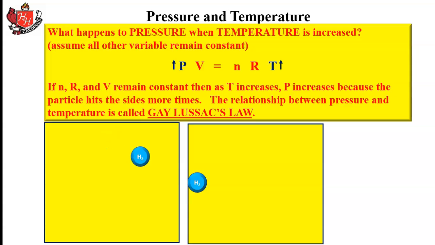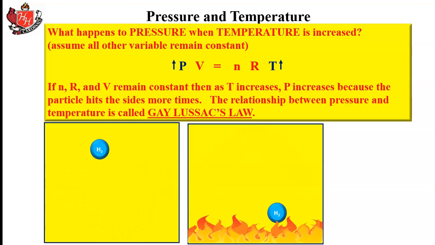So if N, R, and V remain constant, then as T increases, that is, you put fire underneath that container, all of a sudden that particle is going to start going a lot faster. So as temperature goes up, the particle moves faster, it hits the sides of the container more often, and that means the pressure has gone up as well. The relationship between pressure and temperature is called Gay-Lussac's law.